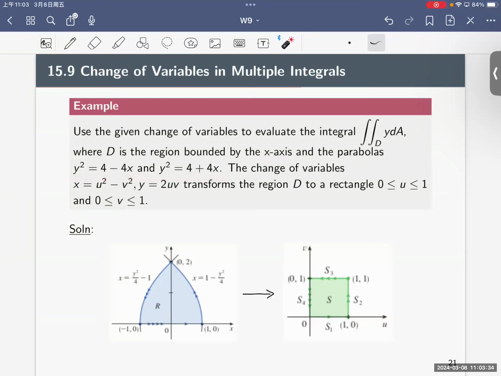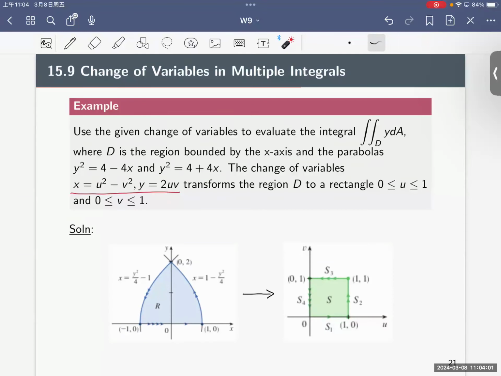So the change of variable you need to follow is change from xy to uv like this. x is equal to u squared minus v squared. y is equal to 2 times uv. And this change of variable transforms the region D to a rectangle, u in between 0 and 1 and v in between 0 and 1.